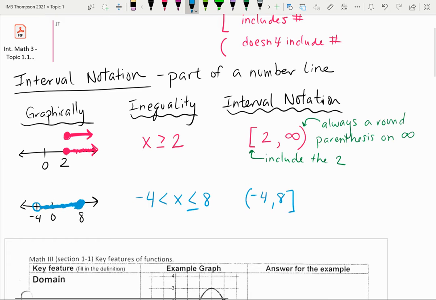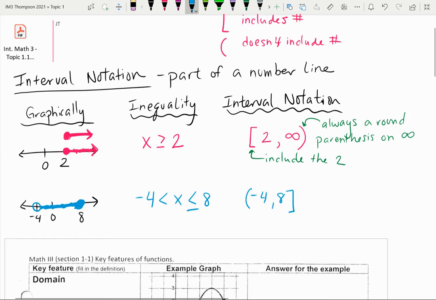Questions on any of that? Yes. So included would be like, do you remember when you would study these open circles and closed circles? An open circle would mean all of the numbers close to -4, but not -4, right?